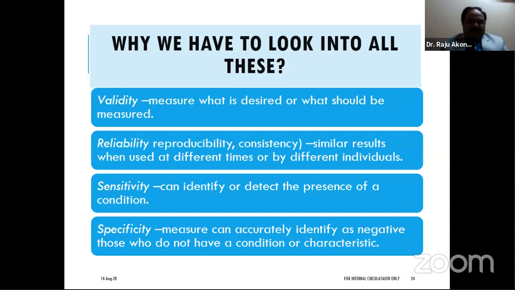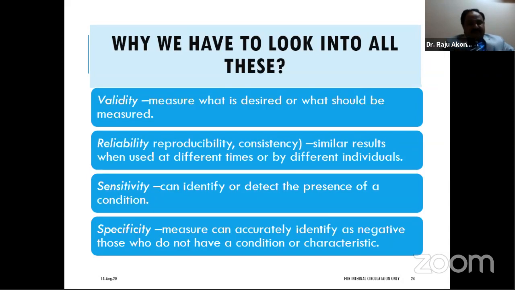Why do we have to look into all this? For validity: are we measuring what is desired, what should be measured? Whether that particular clinical study is reliable, reproducible and consistent or not. If it is not reliable, not reproducible, not consistent, then how can you believe and use that information for the benefit of your patient?